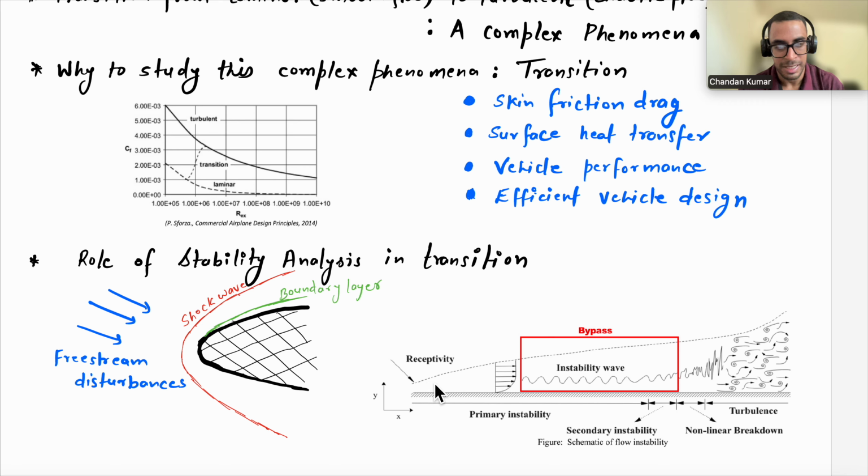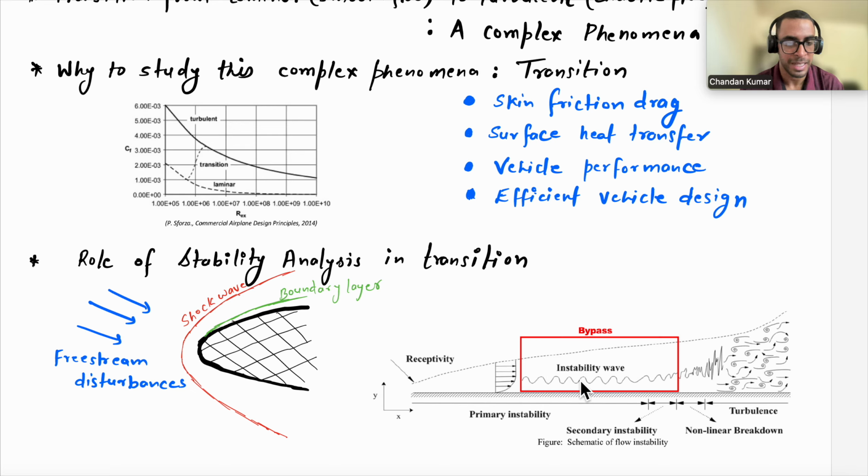When these disturbances enter into the boundary layer, they become a wave, and that wave, depending on the flow condition, can grow or decay. In the initial stages, this region, where the instability wave can grow or decay, is basically known as primary instability.